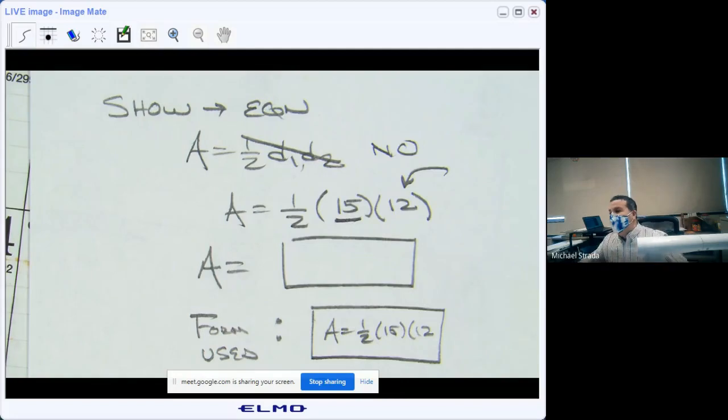Could I ask you for perimeter based upon area? Yeah. Could I ask you for a side length based upon area? Yeah. So when you ask if it's all on area, could there be problems where you have to work backwards and do something else? Sure.